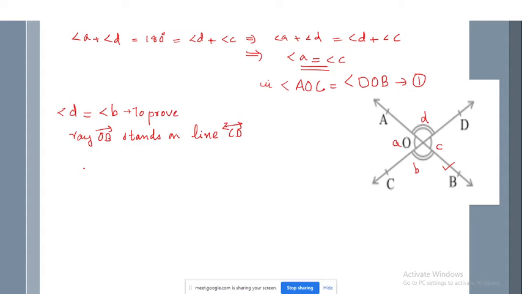Based on the linear pair axiom, the sum of adjacent angles is equal to 180, ma'am. But are angle B and angle D adjacent angles? Look into the figure and tell me. Are they adjacent? No. This is angle B, this is angle D.